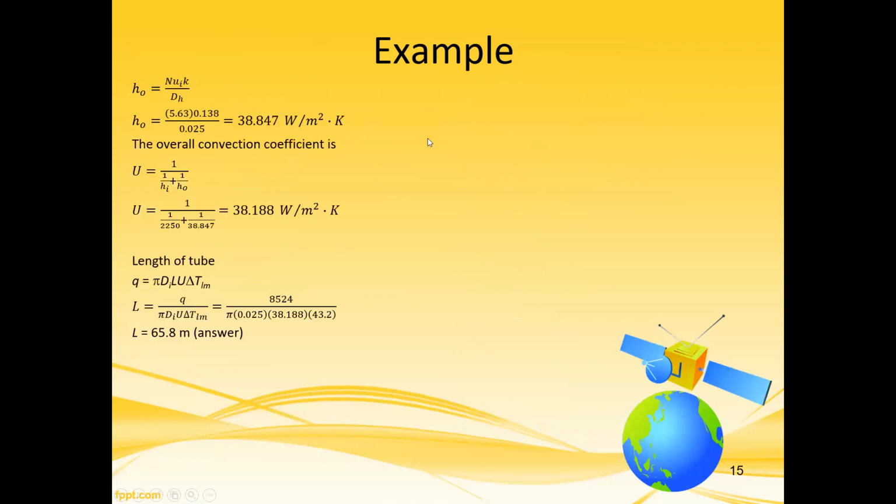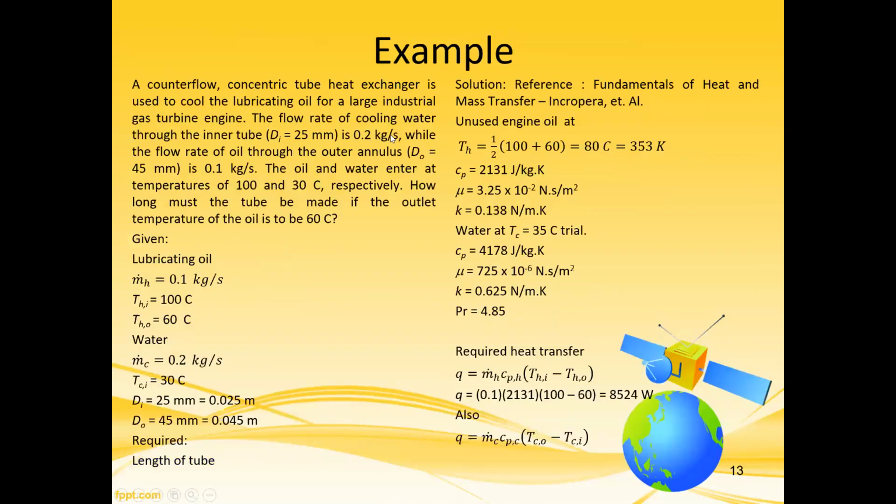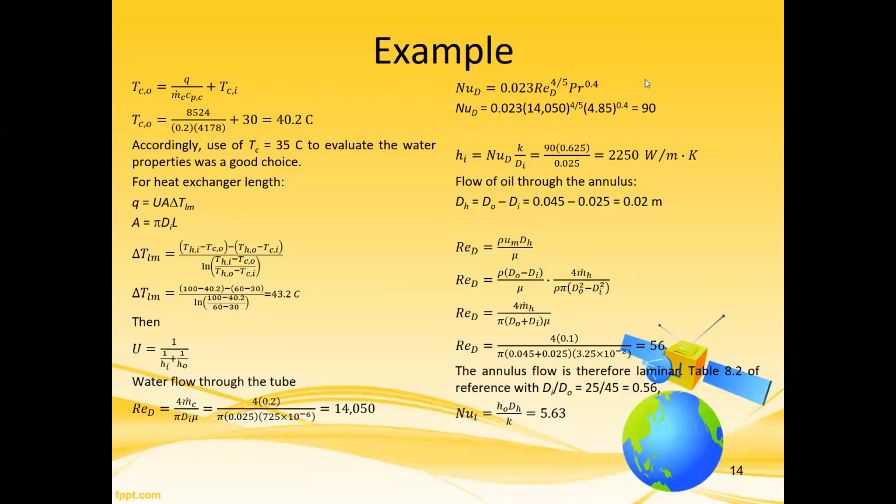So h_i now is Nu_D times k over D_i, is equal to 90 times 0.625 over 0.025, which is 2250 watts per square meter Kelvin.